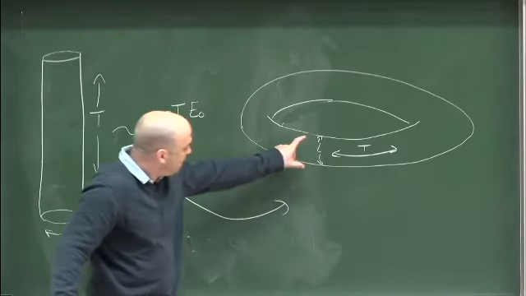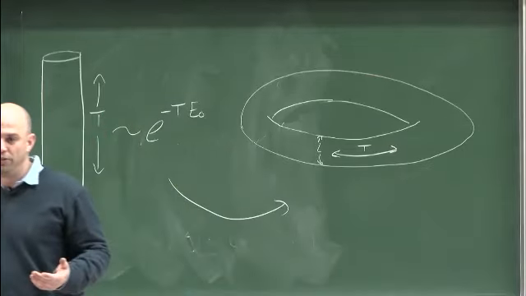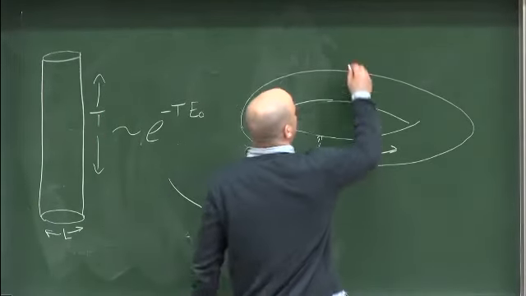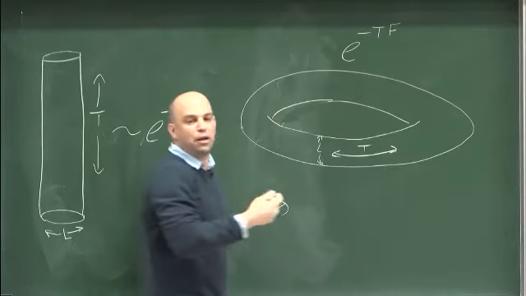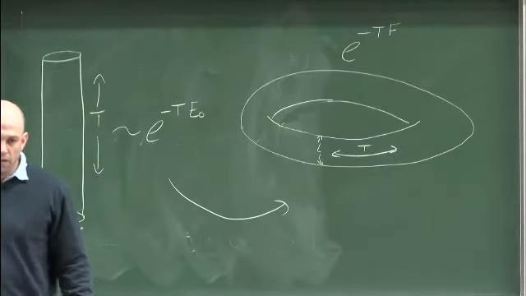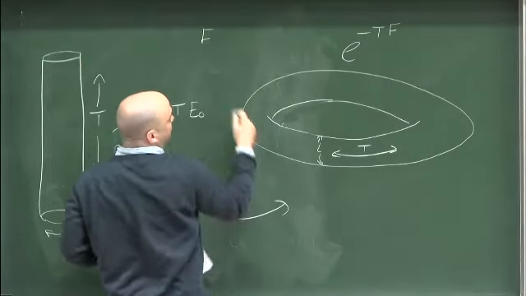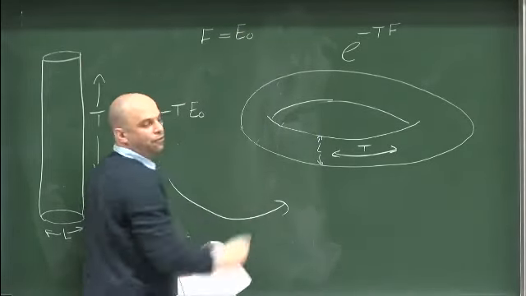Since this L is very, very small compared to T, it is a very high temperature partition function. In that case, the result goes like e to the minus T times the free energy per unit length. What we get is that this free energy per unit length in the thermodynamic limit is just equal to the ground state energy.